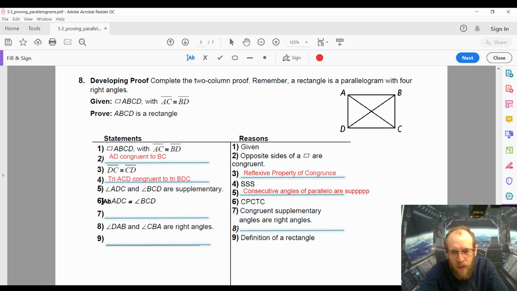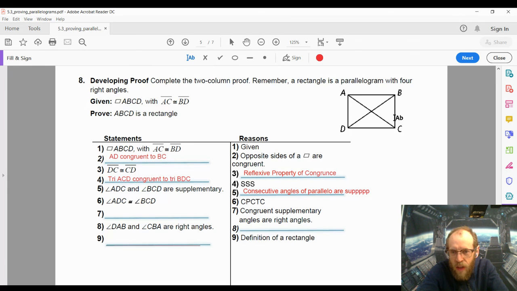We know that because angle ADC and BCD have to be congruent to each other. Why do they have to be congruent to each other? Because they are congruent parts of congruent triangles. Corresponding parts of congruent triangles are congruent.